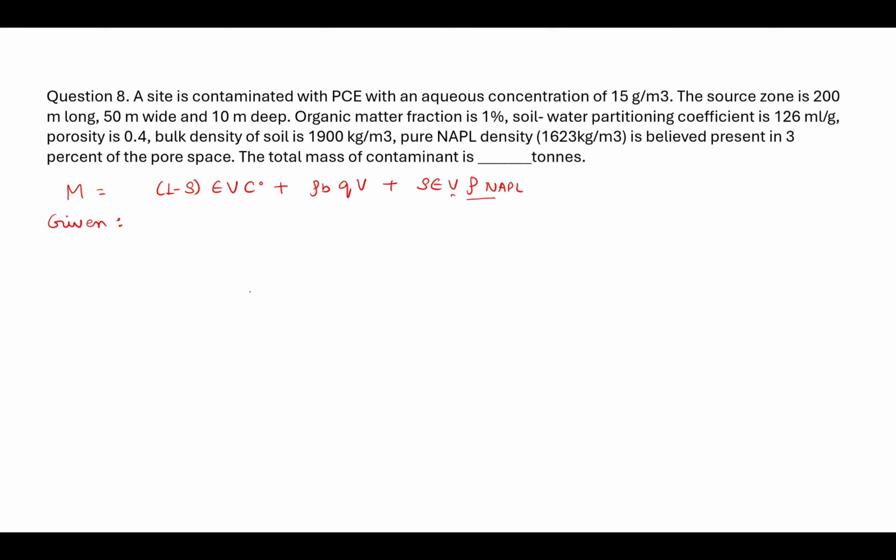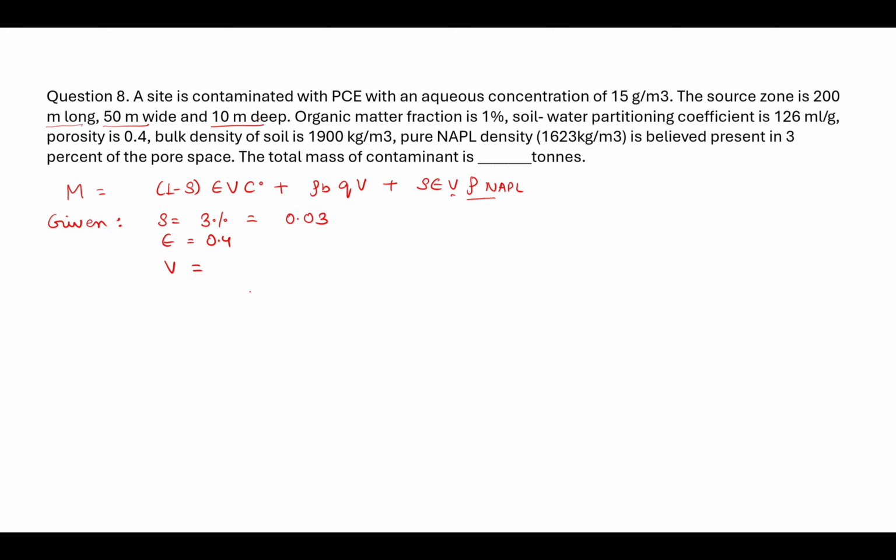So we have been given S as 3%. So 3% of the pores is filled with NAPL, so it will be 0.03. Epsilon, porosity, is 0.4. We need to calculate the volume of the soil. Length is 200 meter, width is 50 meter, and depth is 10 meter.